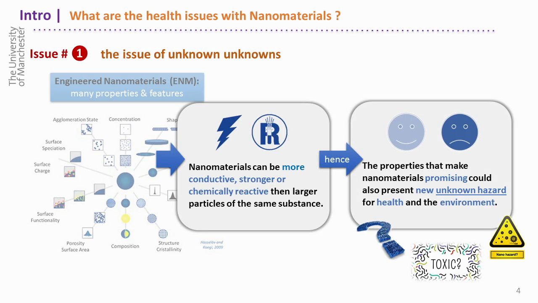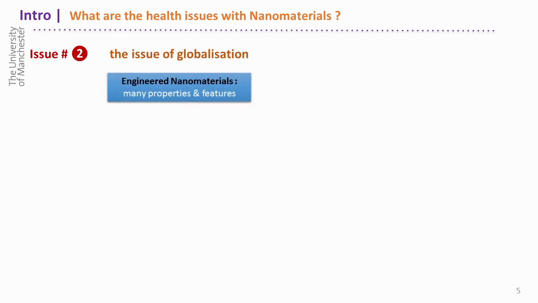This is what we don't really know, and this is what is good to be aware of. Also, because it has interesting properties, it has the potential to be widely used and globally spread.